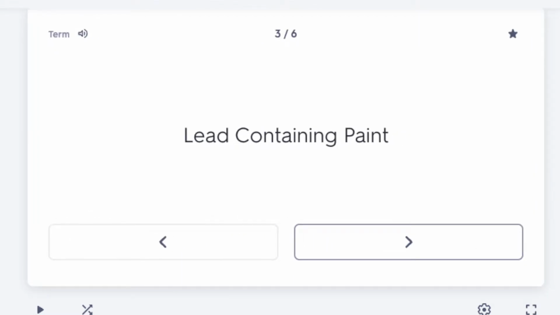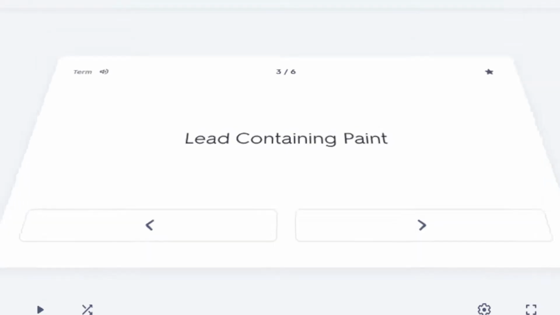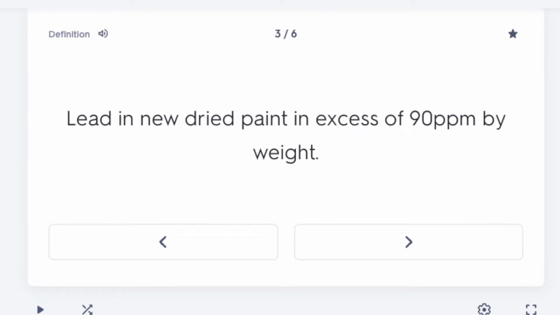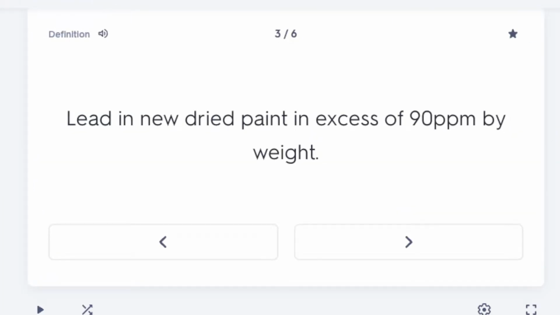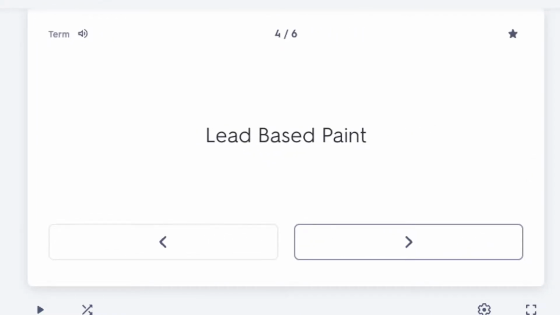Now, lead containing paint. What do we mean by lead containing paint? Well, that's lead in new dried paint in excess of 90 ppm by weight. Again, lead containing paint is going to be in excess of 90, I think that's particles per something, but that's what lead containing paint means.